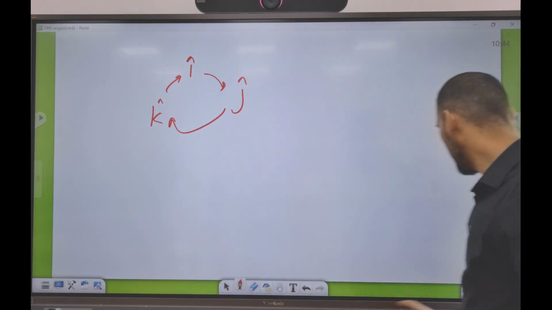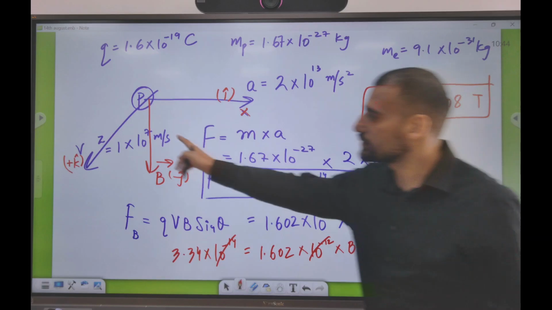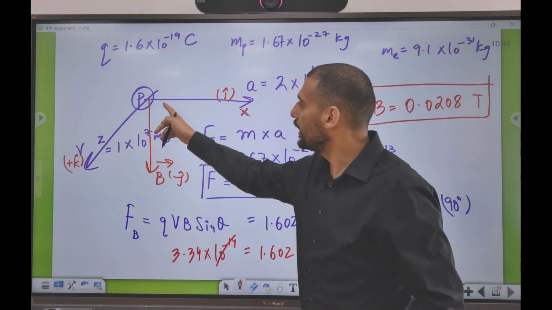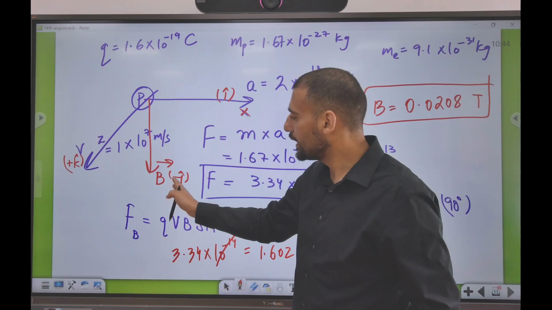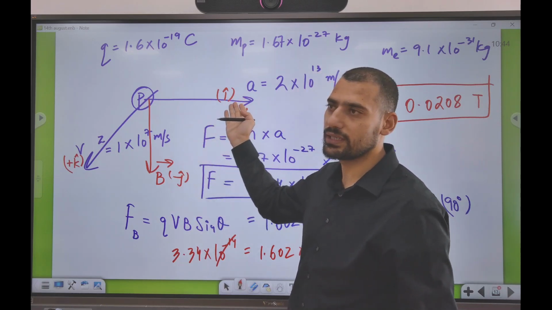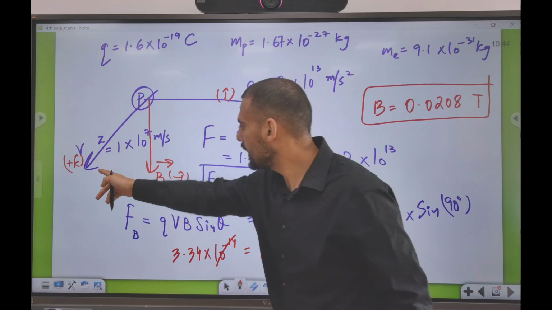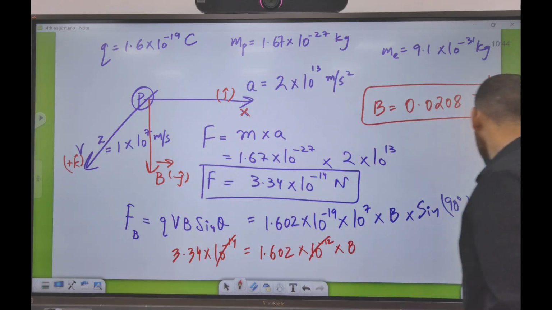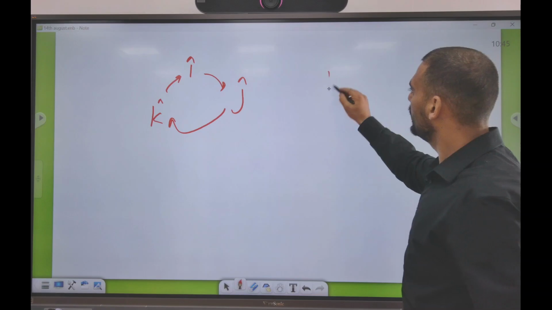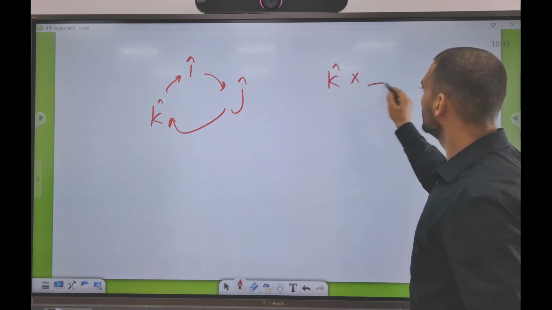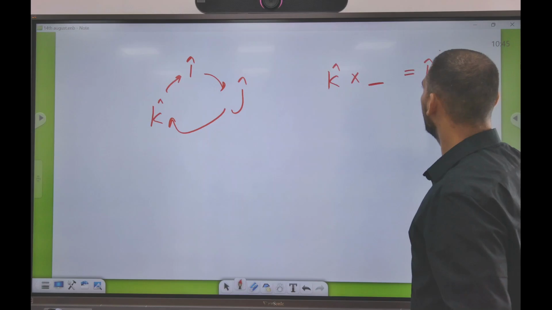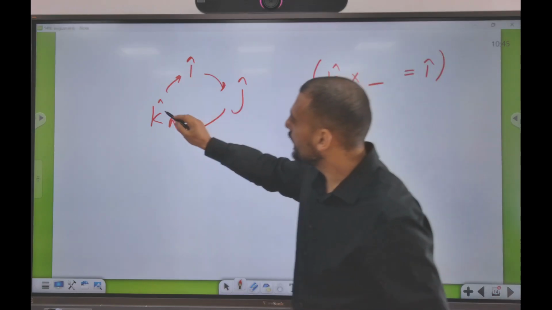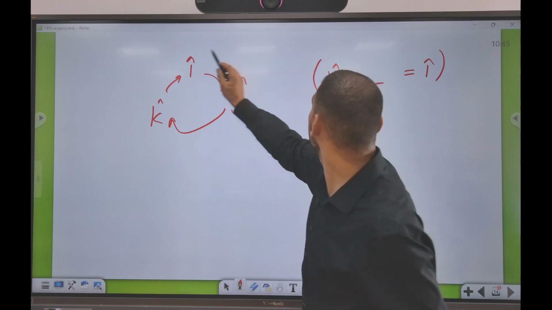Here velocity is k, and the magnetic field has to be negative j, then only we'll get i. So k times something has to be positive i.